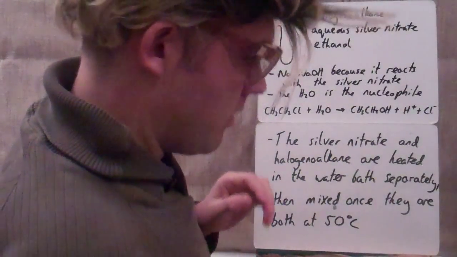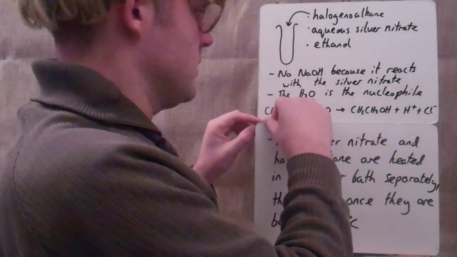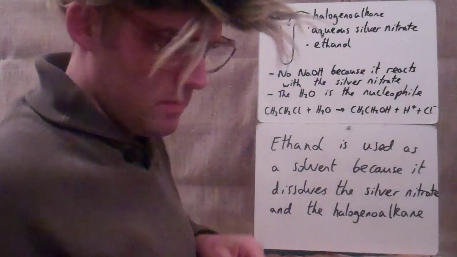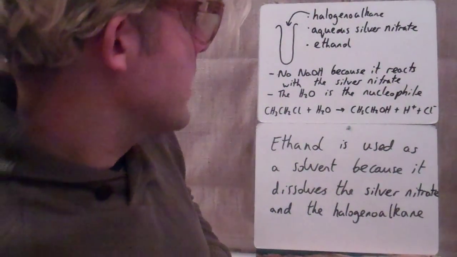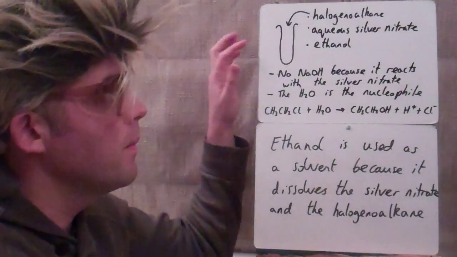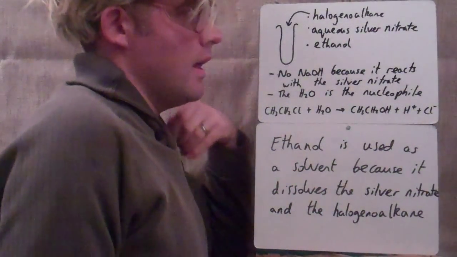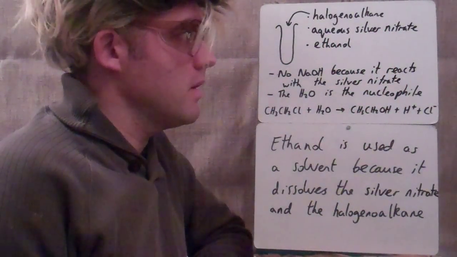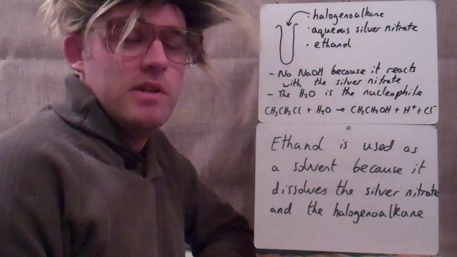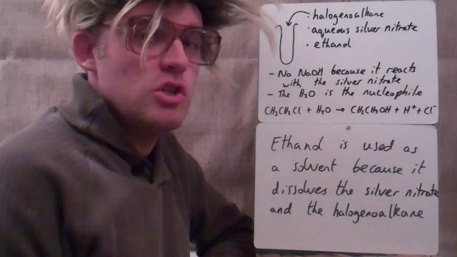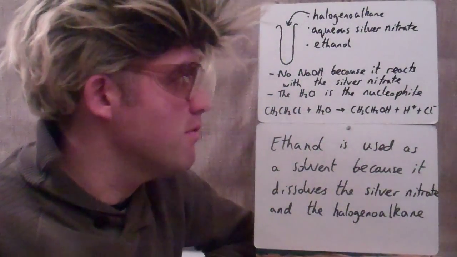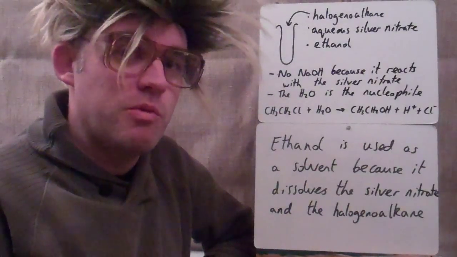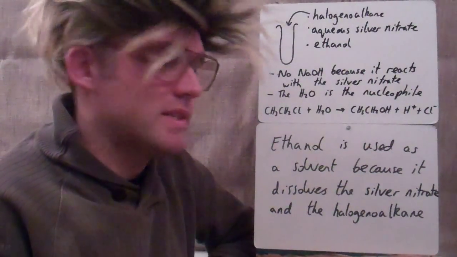So, how does the process work? Okay, so into our test tube, we've got the halogenoalkane, aqueous silver nitrate and ethanol. Okay? So if you notice, this time it's hydrolysis, but we're not using sodium hydroxide. And the reason for that is that the sodium hydroxide would react with the silver nitrate and we don't want that to happen.